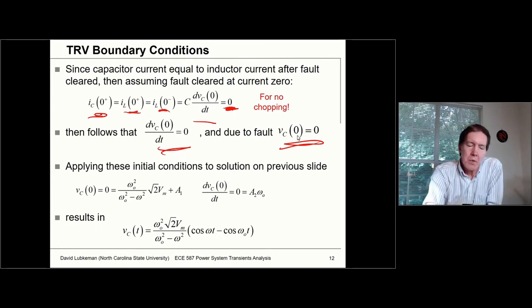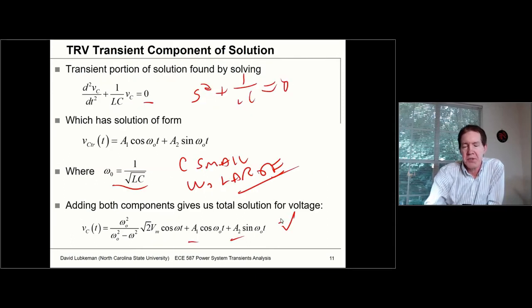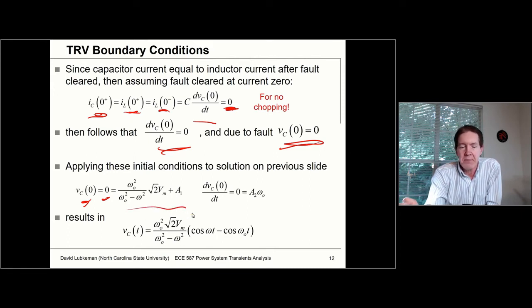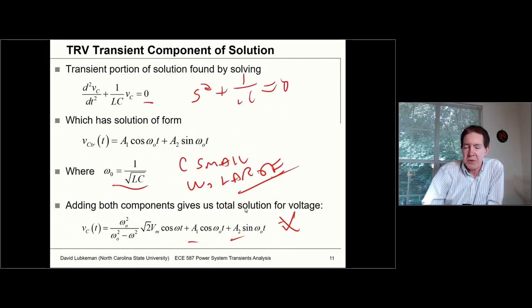But when we apply the initial conditions, we take our formula solution and look at time equals zero. Since this voltage is zero, we have a way of calculating A1, because the A2 terms equal zero.